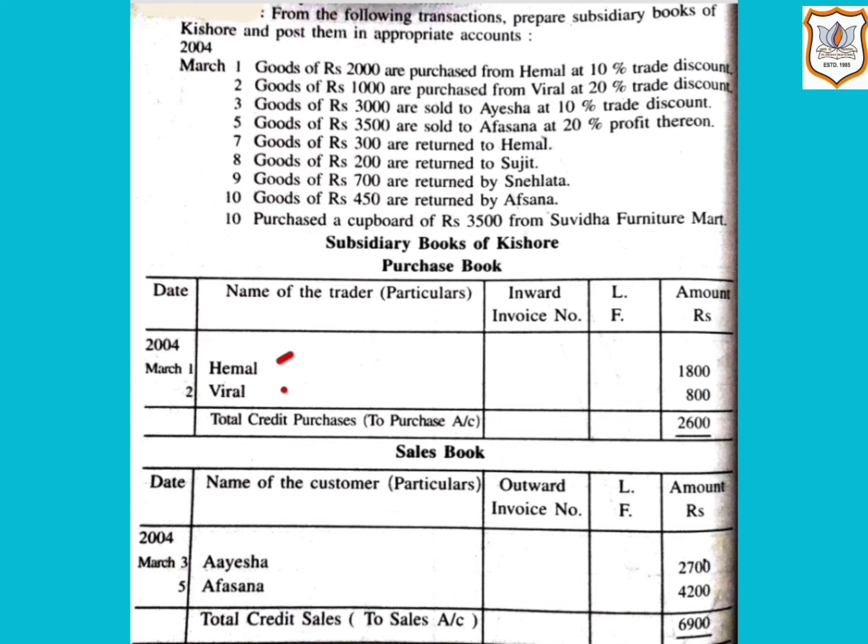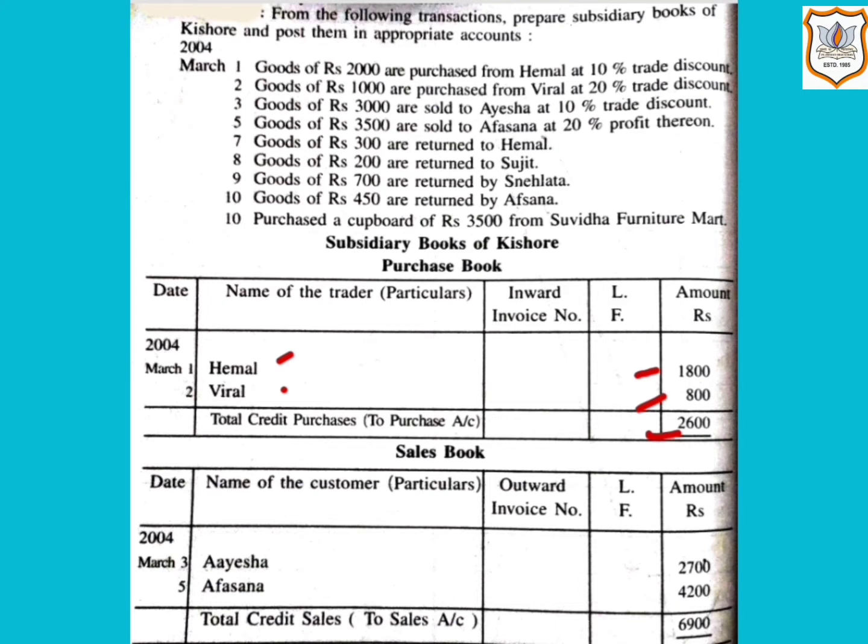That means here Hemal's account will be credited by rupees 1800 and Viral's account will be credited by rupees 800. And the total of the amounts column shows the total credit purchases. Here the total credit purchases is 2600, made in a period.